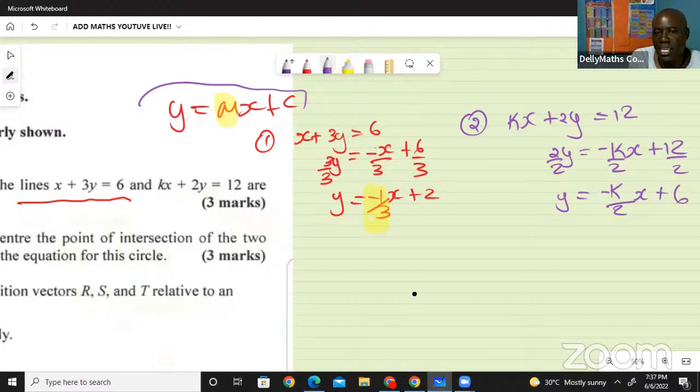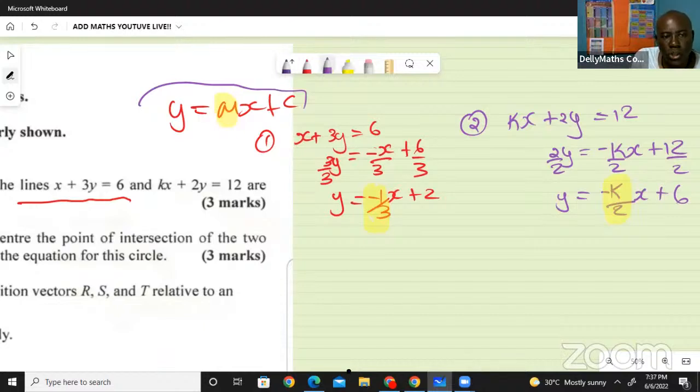Remember the focus. In mathematics, the focus is the gradient. What relationship do we know about perpendicular lines? That one gradient is the negative reciprocal of the other. And in another way, we could say that when you multiply them, you should get negative 1.